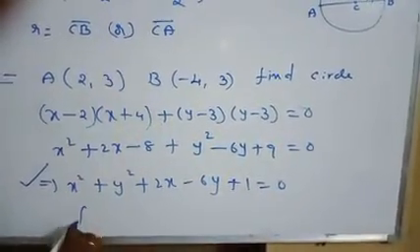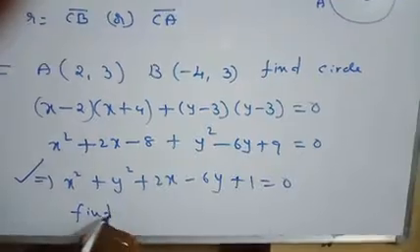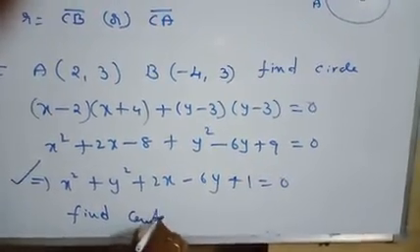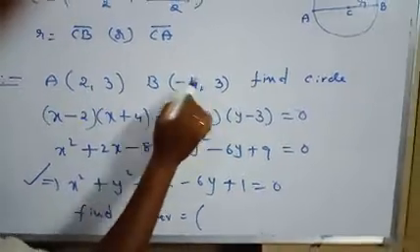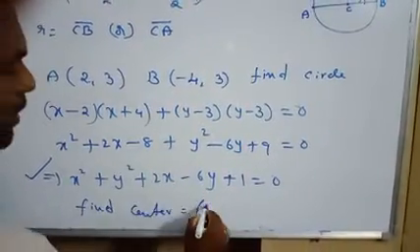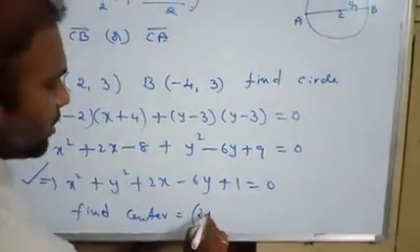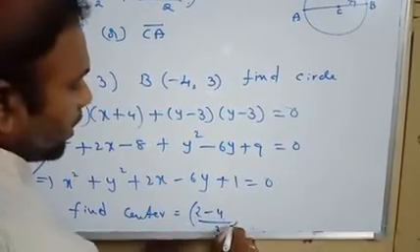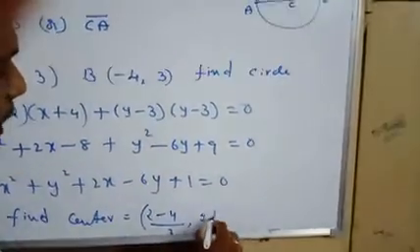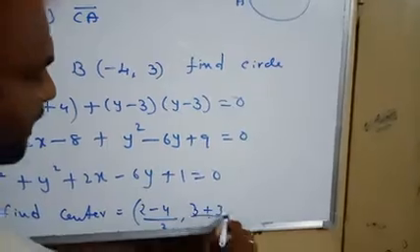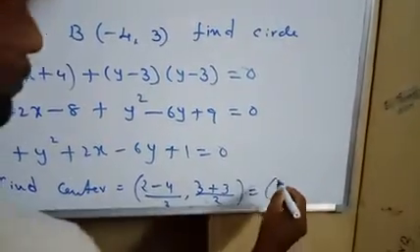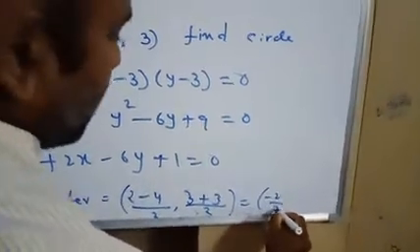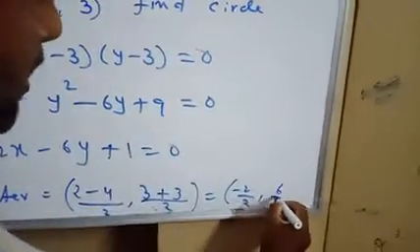Suppose we are asked to find the center. Then immediately, these 2 points give the center, the midpoint. So 2 minus 4 by 2 comma 3 plus 3 by 2. So the answer is 2 minus 4, minus 2 by 2, and 3 plus 3, 6 by 2.